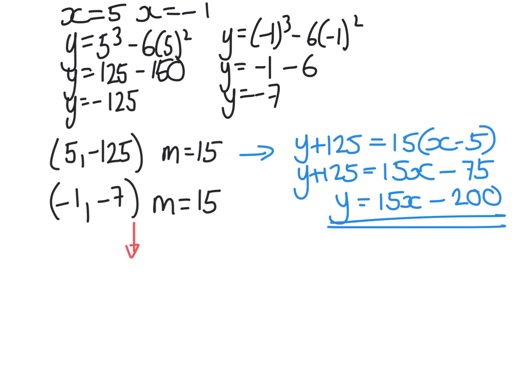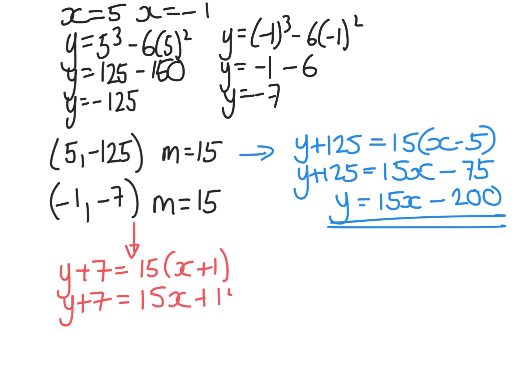And the second tangent would be using the other coordinate. So I'd have y plus 7 equals 15 bracket x plus 1. So y plus 7 is 15x plus 15. Bring that 7 over. You get yourself 15 take away 7, which is 8.